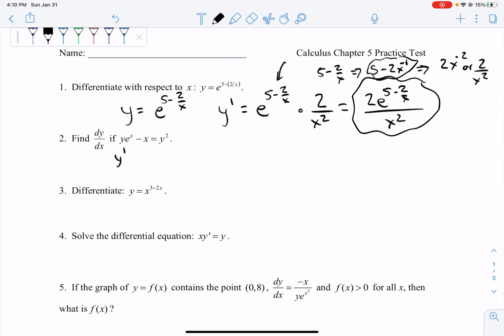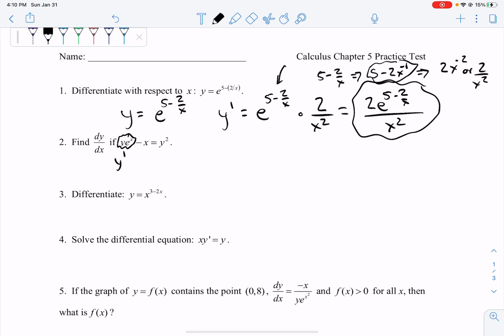So I'm doing the chain rule of y e to the x. So y prime times e to the x, plus the derivative of e to the x, which is just e to the x, but then I have to multiply by the y. So I get another y e to the x. The derivative of minus x is just minus 1.